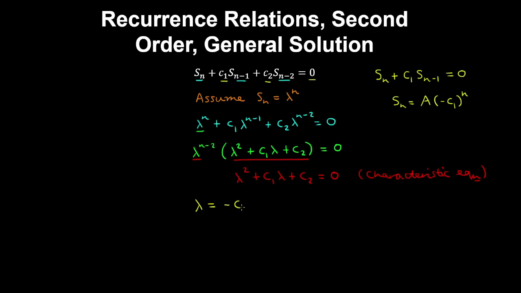So that would be minus c1 plus or minus the square root of c1 squared minus 4 by 1 by c2, and that's divided by 2 by 1, which is 2. And this term here is the discriminant, which we'll call d.